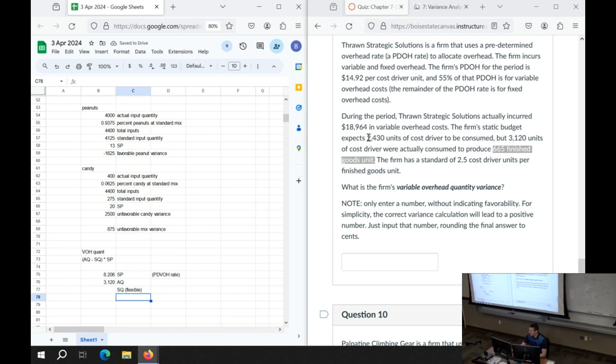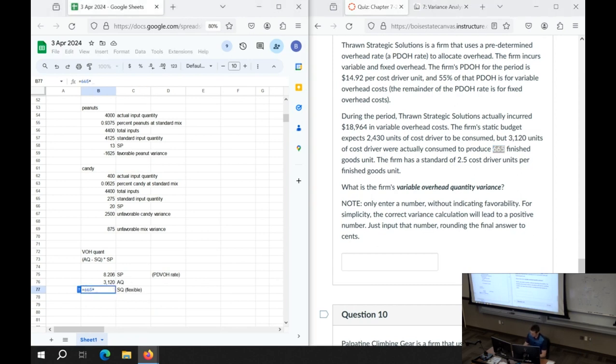Who cares that the static budget said you should use 2,430? The static budget was based on what we thought we were going to produce back in September of last year. Given that we actually produced 665, we would have budgeted 1,662.5 as our standard quantity of cost driver for this period. So we can follow the equation now, just plugging in the variables. That should be our variable overhead quantity variance.